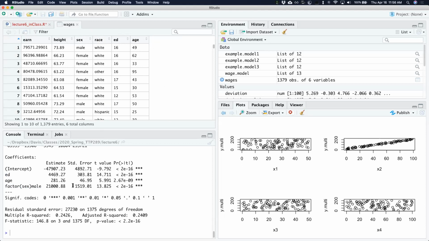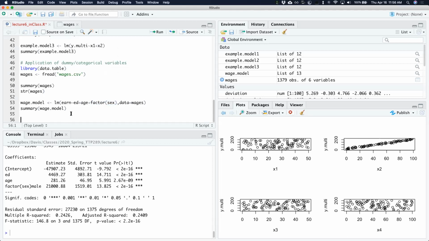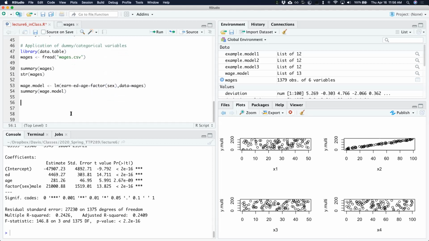I can go ahead and create that so that we can see what this looks like visually. So in wages, I'm going to quickly make a column called male, equal to when sex is equal to male, and a column called female, when sex is equal to female.